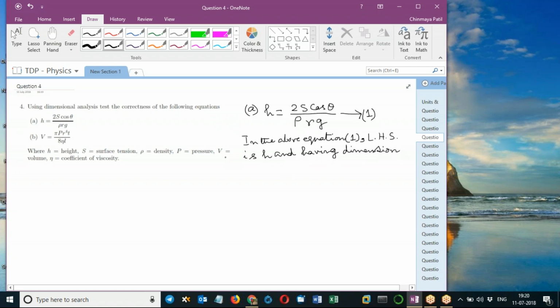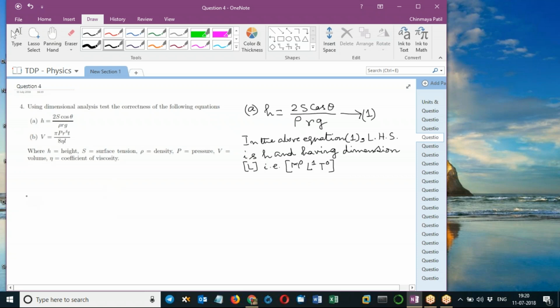In the right hand side also we should have the same thing.